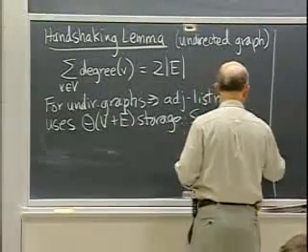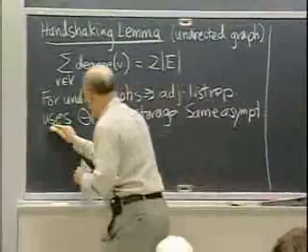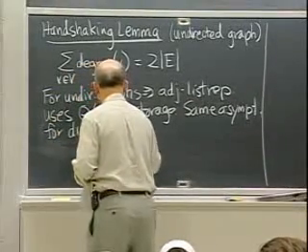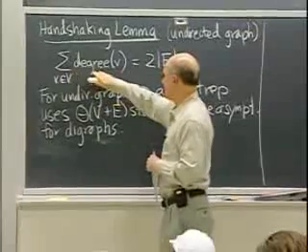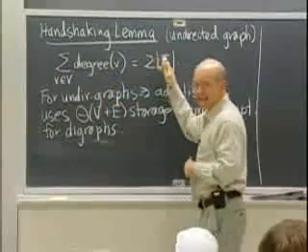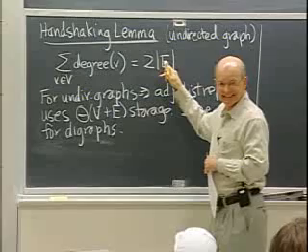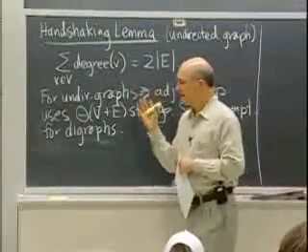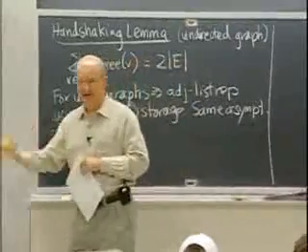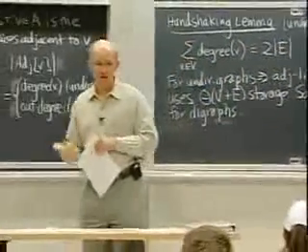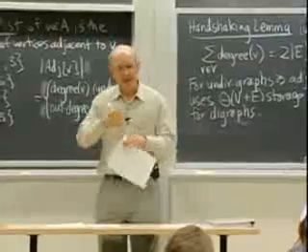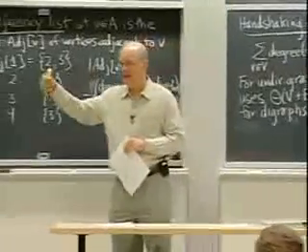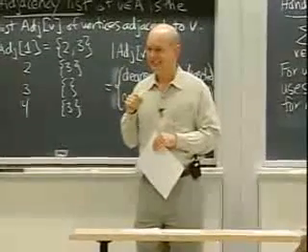In fact, it's easier to see in some sense for digraphs, because for digraphs, I just add up the out degrees, and that's equal to e. In fact, this is kind of like an amortized analysis, a bookkeeping analysis: if I'm adding up the total number of edges, one way of doing it is accounting for it vertex by vertex.